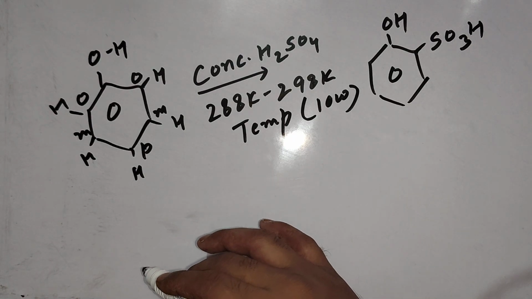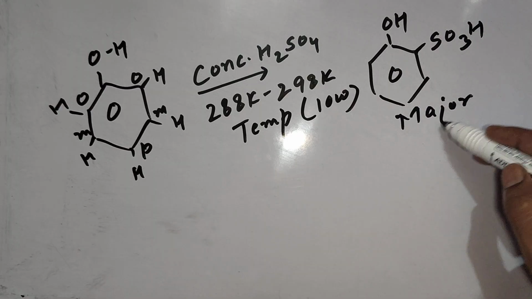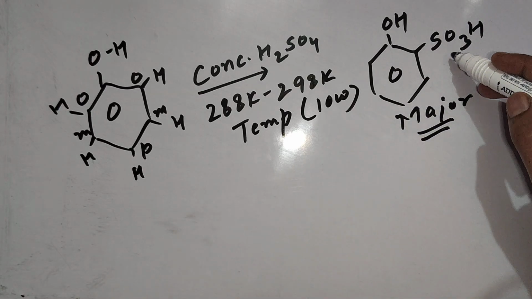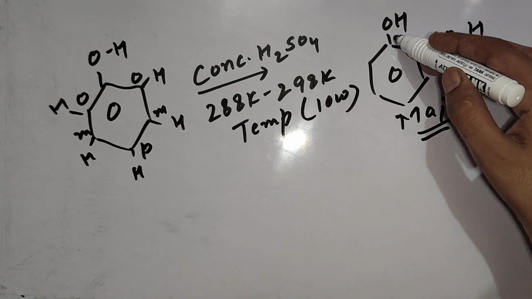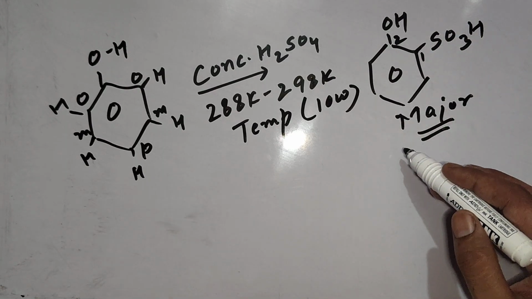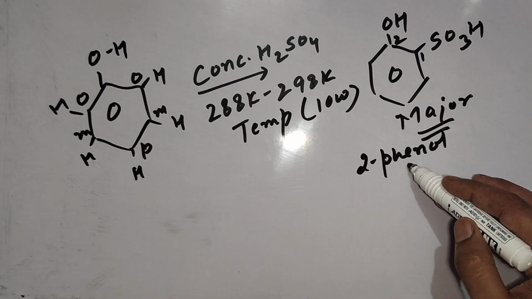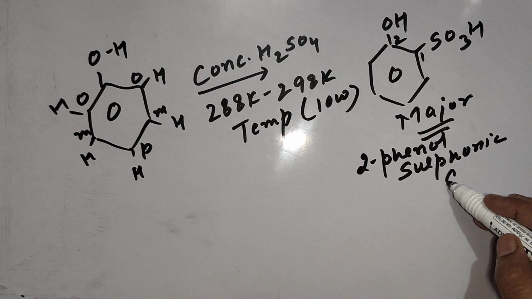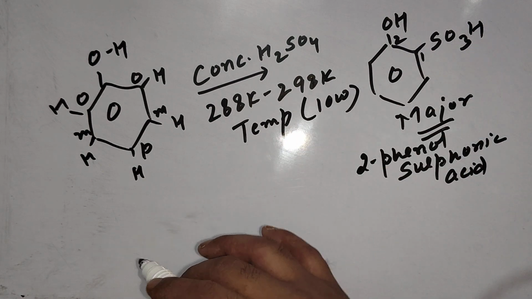Means we are getting ortho substituted product as a major product at low temperature. If I talk about IUPAC naming, sulphonic acid will be the main functional group. Numbering will start from here, 1, 2. So the name will be 2-phenol sulphonic acid, or you can call it orthophenol sulphonic acid.